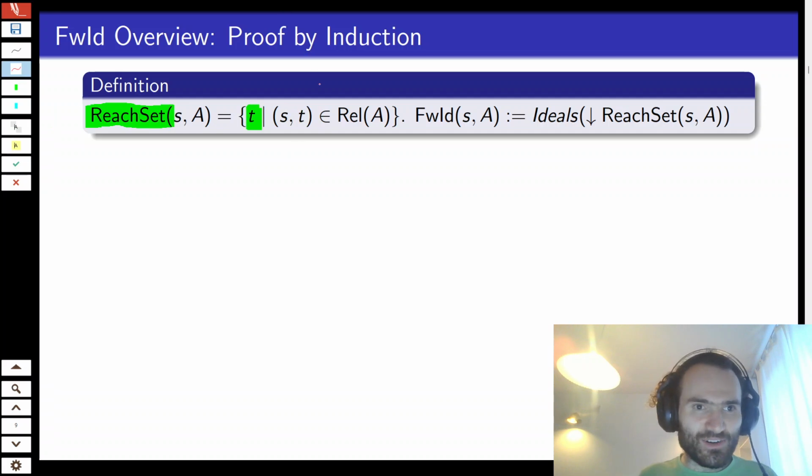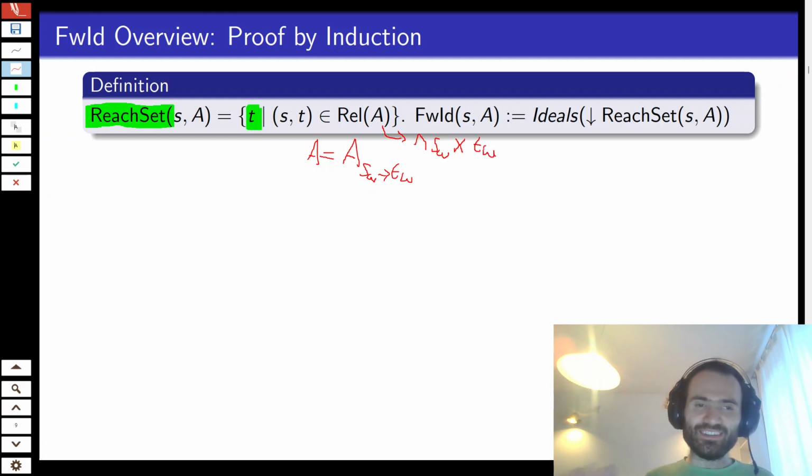But as always, I put here the reminder that if A has some source and target attached to it, then this rel of A intersects with the corresponding source and target. I don't write it because for me this is just the definition of rel of A, that it contains this.